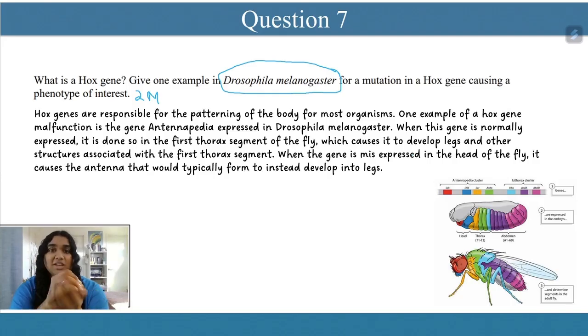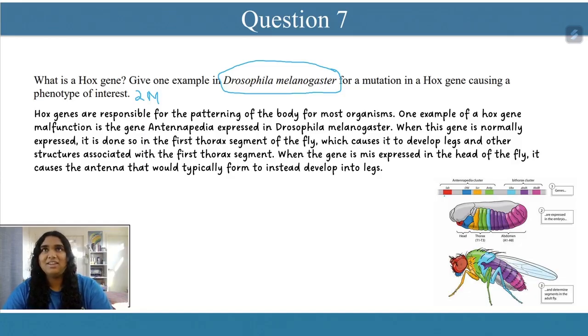If there is a mutation in a Hox gene, it will start the development of body parts or limbs in incorrect parts of the body, which is what we see here, where legs are developing outside of the head or antennae are developing from the thorax instead of the other way around.